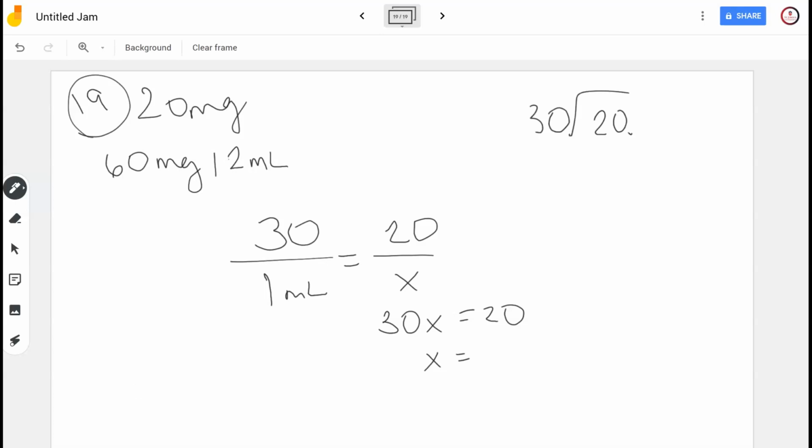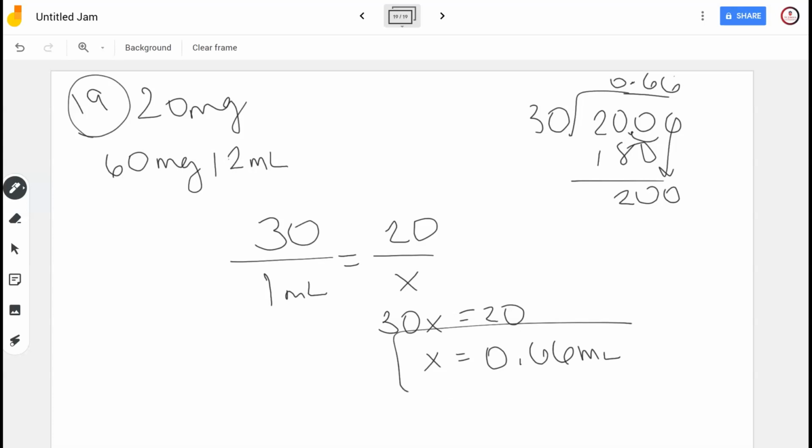You have to move that decimal point over, bring that up. 30 goes into 200, sorry, 6 times. It's 180, minus from 200, add another 0, so you can already see this is going to be a repeating decimal. So you are going to give your patient 0.66 mLs of Toradol.